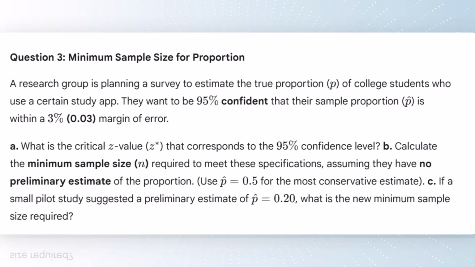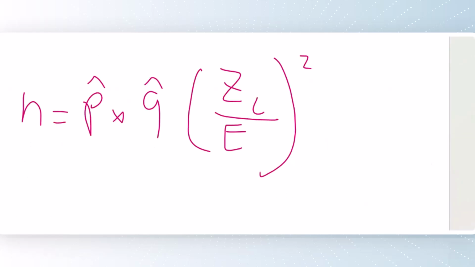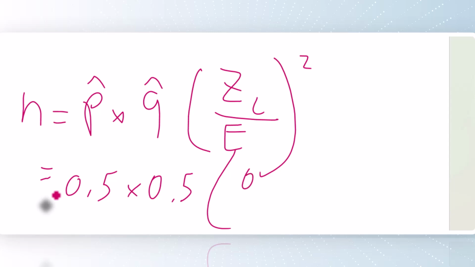So let me just show you here. This is the formula: P hat times Q hat, which is 1 minus P hat. Since he didn't give me P hat, we use 0.5, and for Q hat, the probability of failure, is 0.5. Z_c is 1.96, guys, divided by E, 0.03.